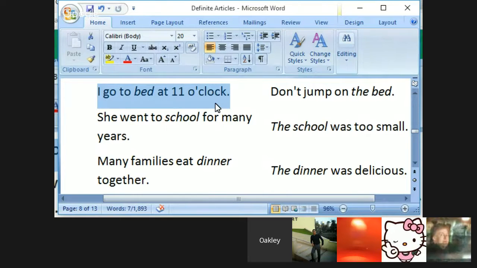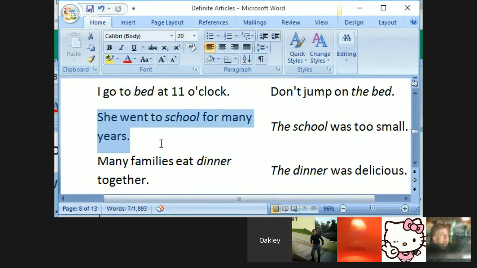We're not even thinking about the physical piece of furniture, as in "don't jump on the bed." That's a specific piece of furniture. So we're talking about the concept of sleep in this first sentence. No article. The general concept of sleep.